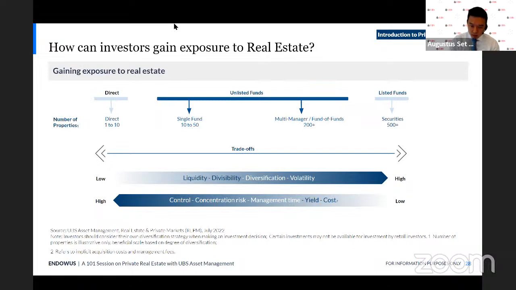In the middle, if you look on the left-hand side, we have single funds where exposures could be a handful of assets or 50 to 100 assets. These funds might have a specific geographical or sector focus. So a fund manager might do US only, or they might do, let's say, Australian office only.